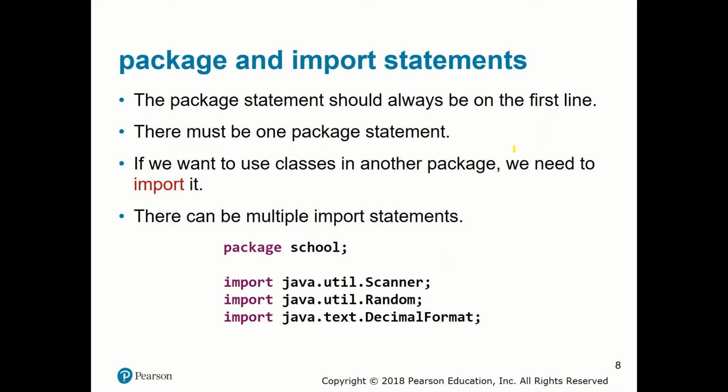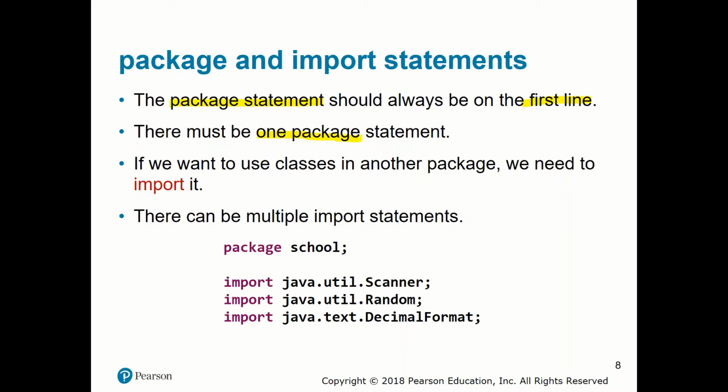If package and import statements are together in a file, the package statement should always be on the first line. And there must be one package statement in a file. Sometimes there is no package statement, but usually we have just one.